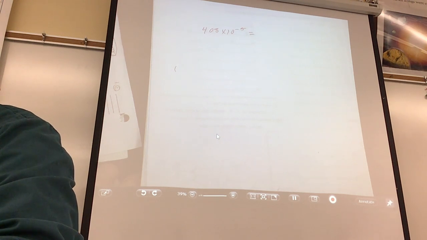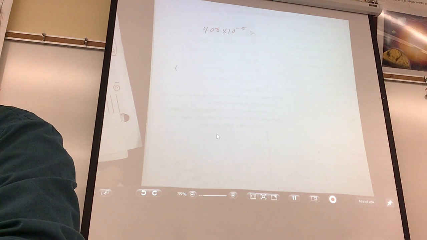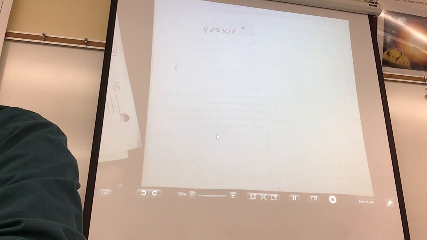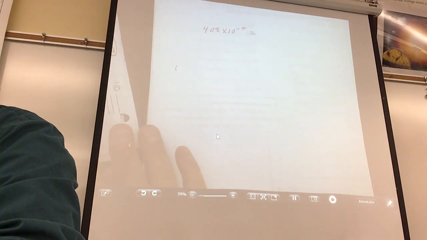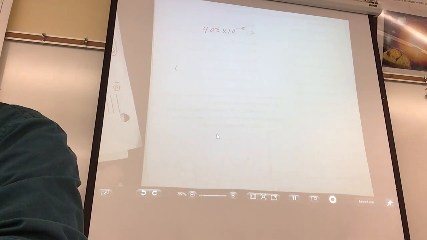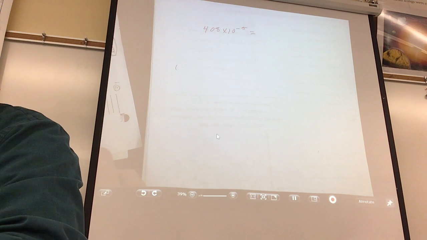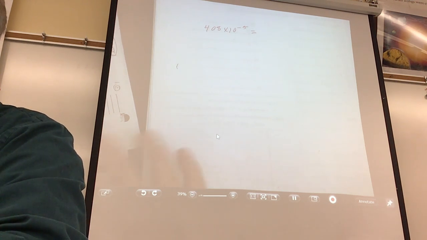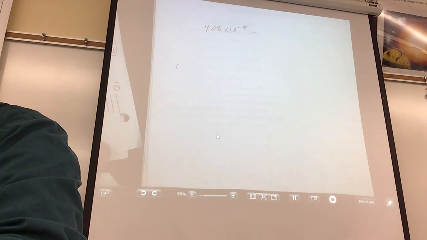Now, you've not seen something like this before. You say, well, wait, it is in scientific notation. No, it's not. The first part of the number has to be between 1 and 10, not counting 10, and that's not. So I'd like to show you 2 ways of doing this problem. By the way, you can't use your calculators until after the first test is over. This is all in your head, okay?